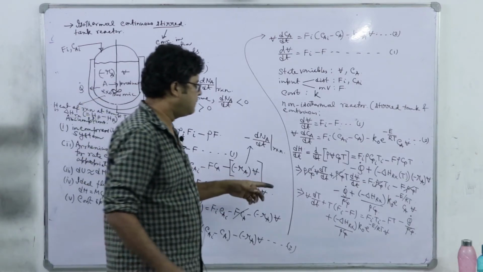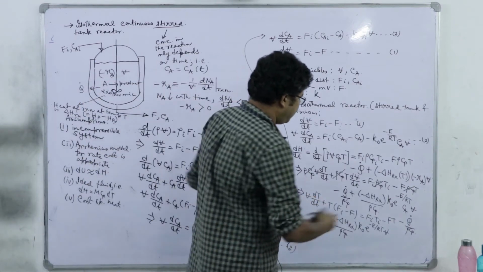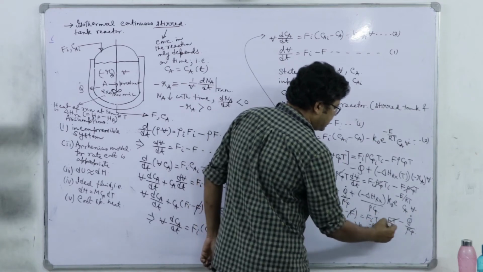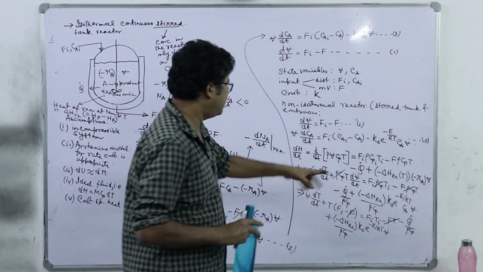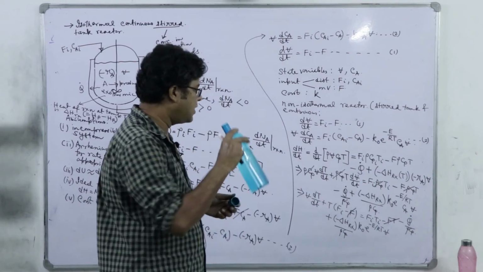So, finally, this T into F cancels out, and we shift this Fi into T to the right hand side.